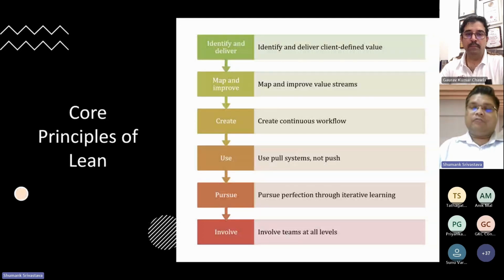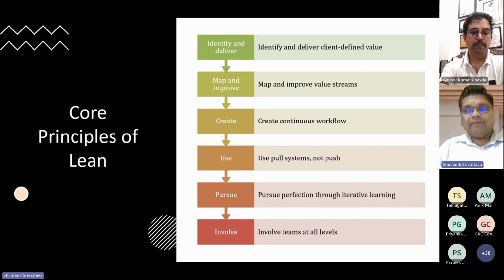And in this process, we involve the teams at all levels. So to sum it up, lean principles are more about creating an equitable workplace climate for the individuals involved in the team, which helps us in improving the process flows, and which overall enhances the efficiency of whatever work we do as far as construction is concerned.